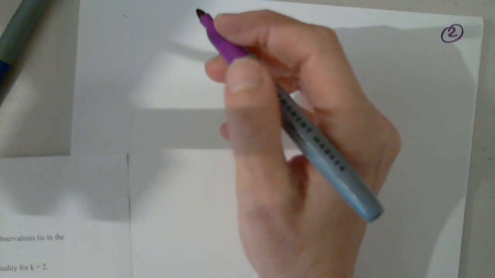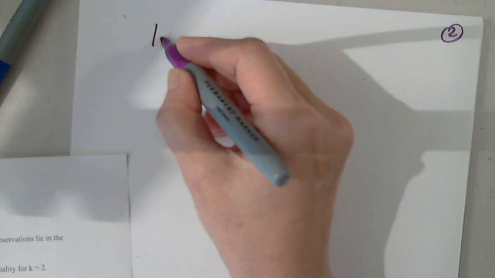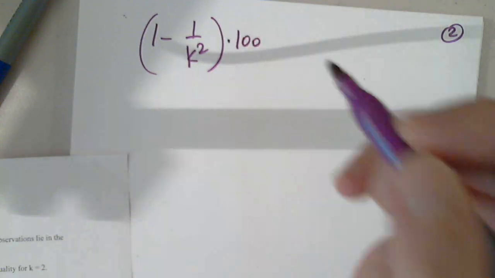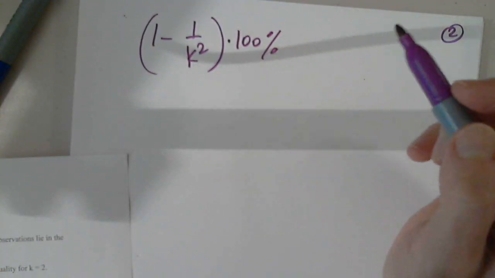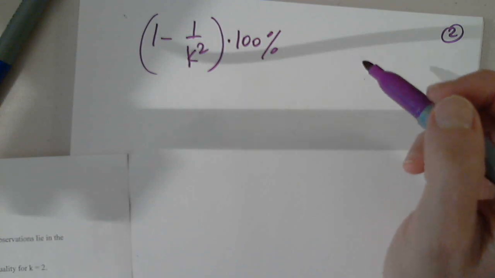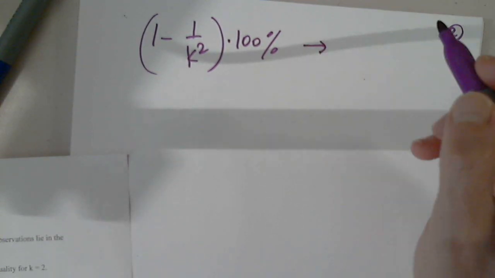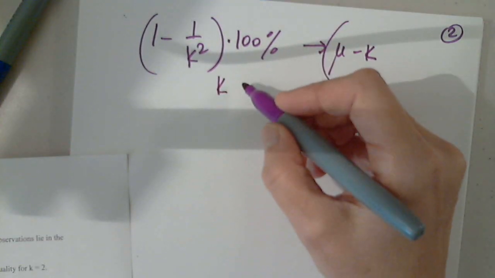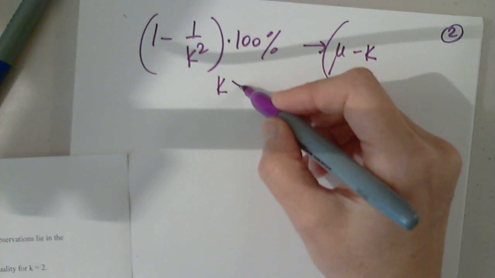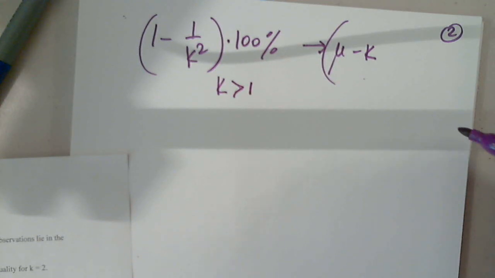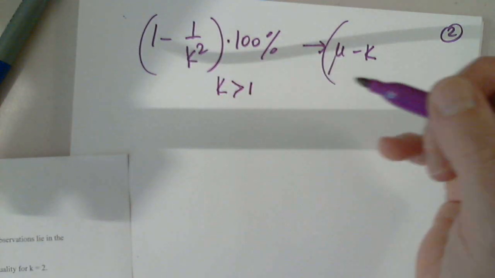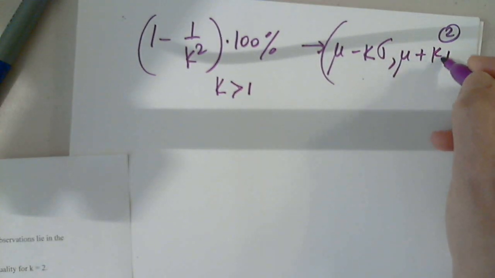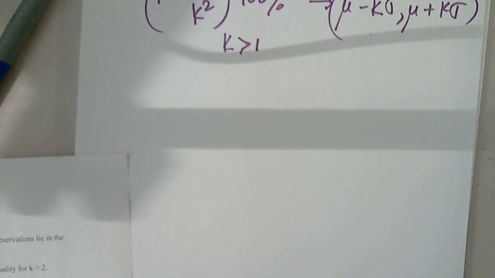He said that at least (1 minus 1 over k squared) multiplied by 100% of the observations will be in the interval mu minus k sigma, mu plus k sigma, for any data set, and I'm going to explain what k is. So k is a number greater than 1. It cannot be 1 because this will be 0.